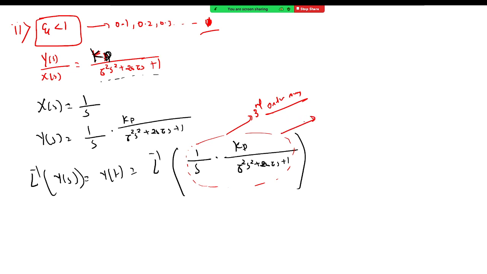So, without going into the Laplace inverse, experimentally it has been found that for an underdamped system, that is zeta less than 1, the plot of this function for the step input looks like this.